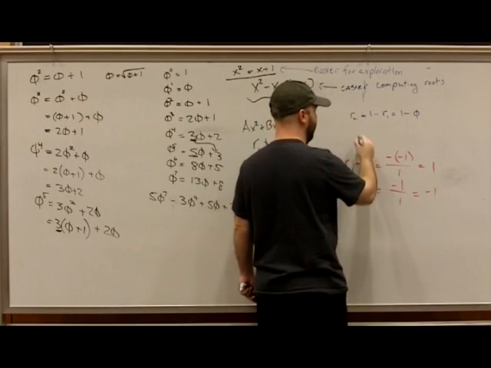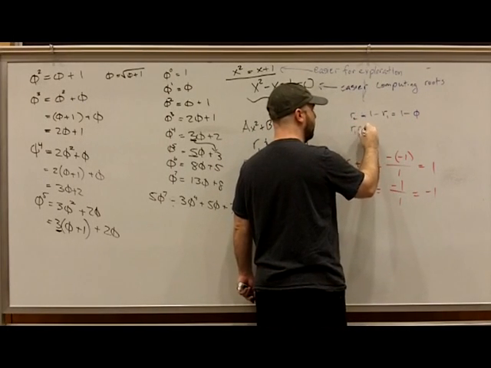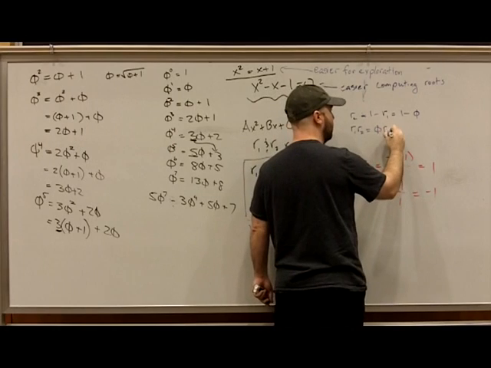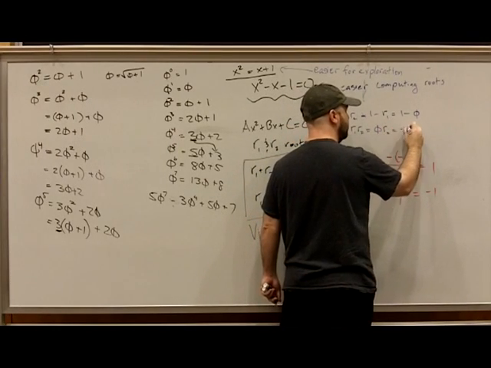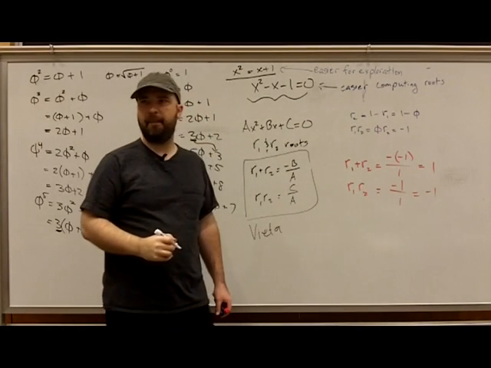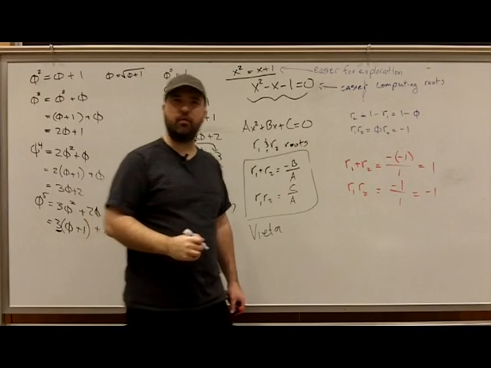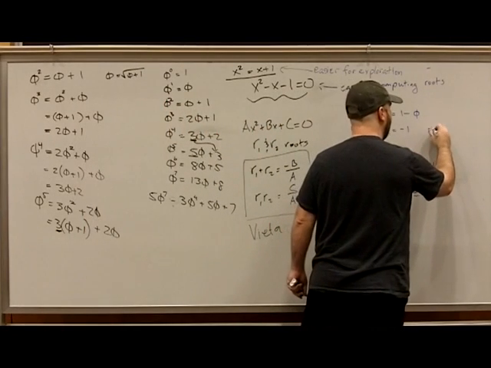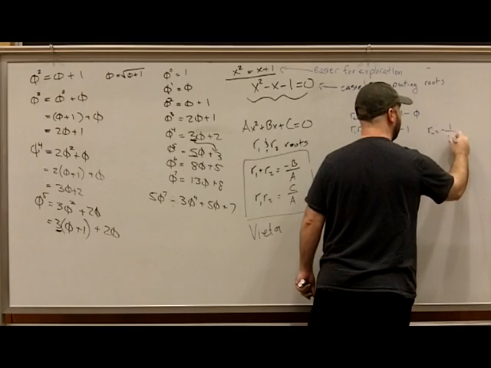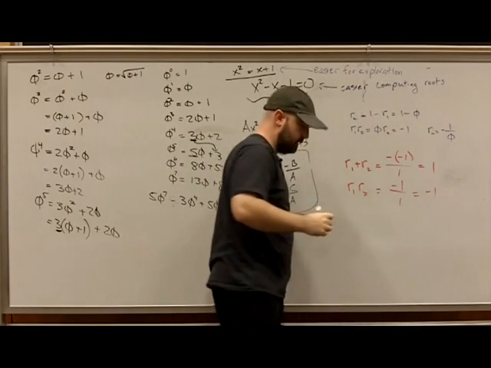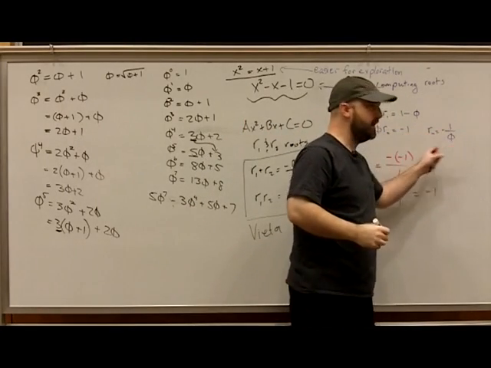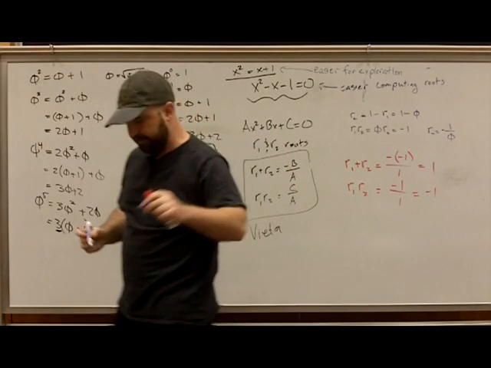Or, on the other hand, I could say R1 times R2, which is phi times R2, equals negative 1. And then if I want to take a look at that second root, I can say R2 equals negative 1 over phi.